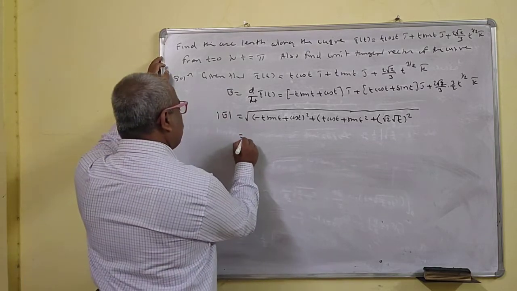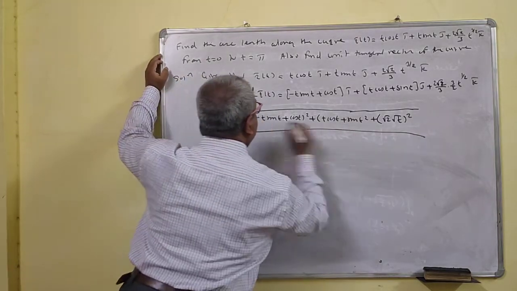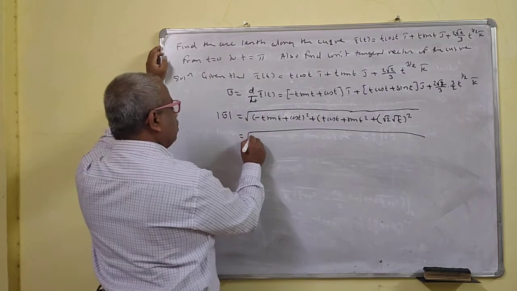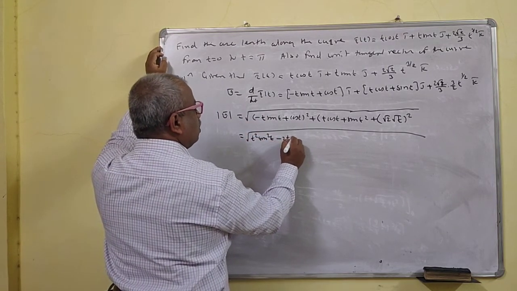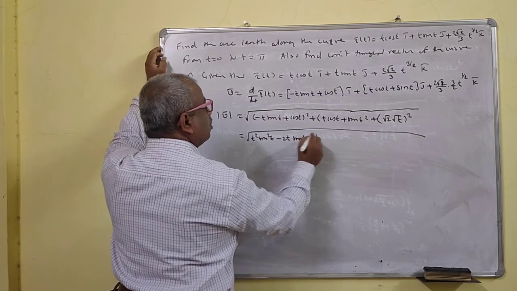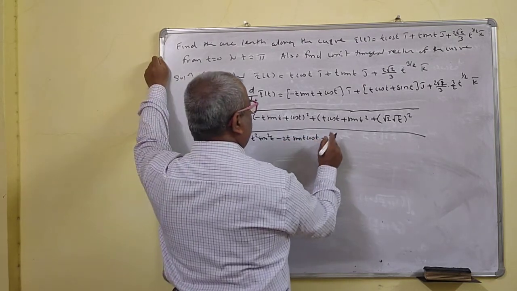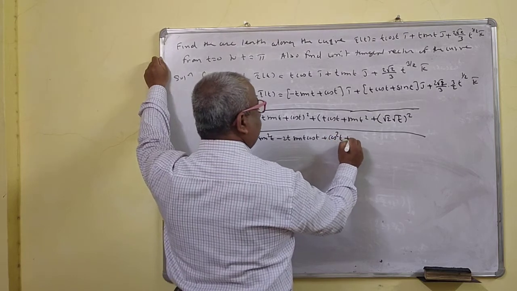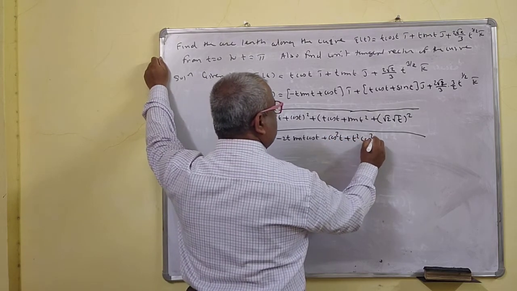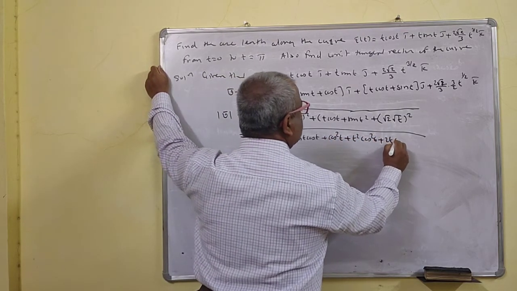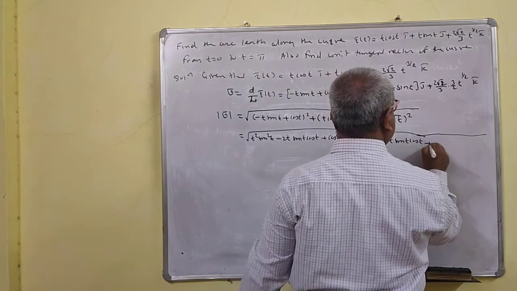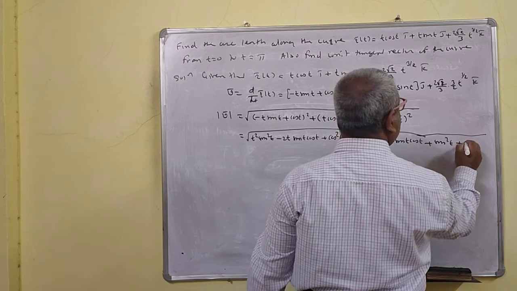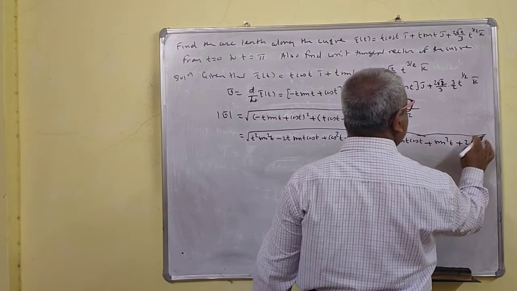We'll expand all these: t square sin square t minus 2t sin t cos t, plus cos square t, plus t square cos square t, plus 2t sin t cos t, plus sin square t, plus 2t only.